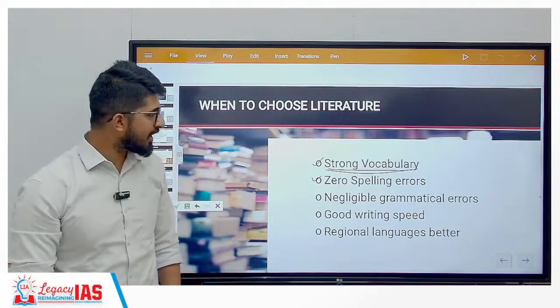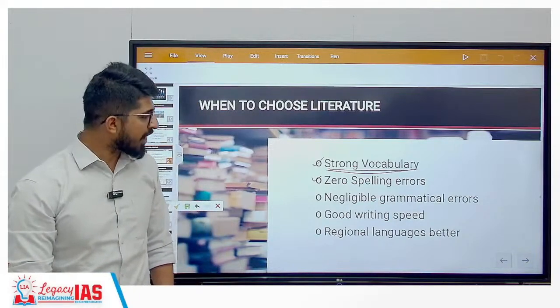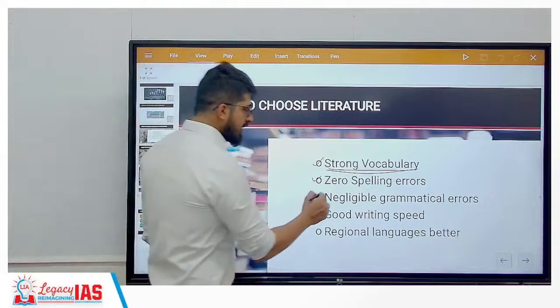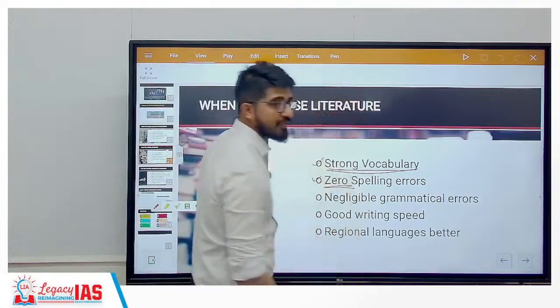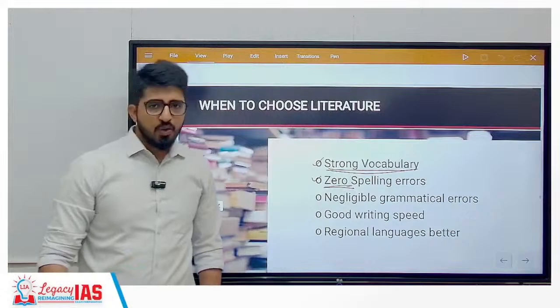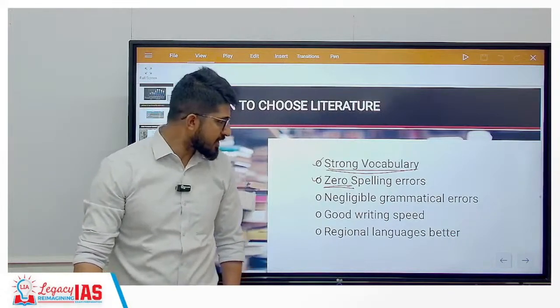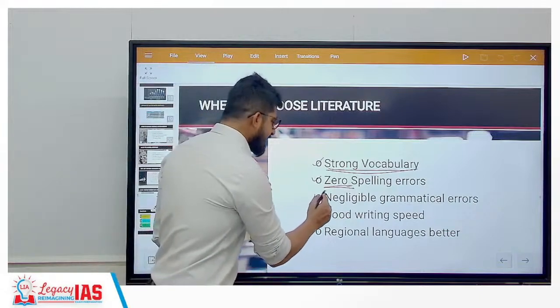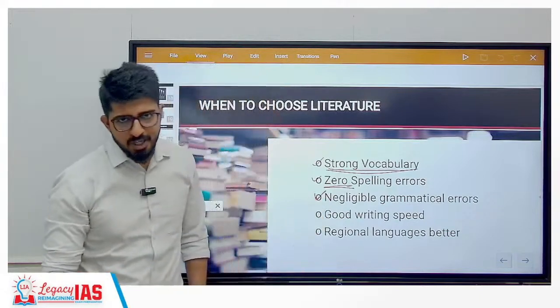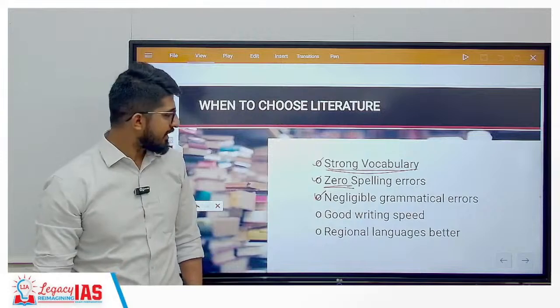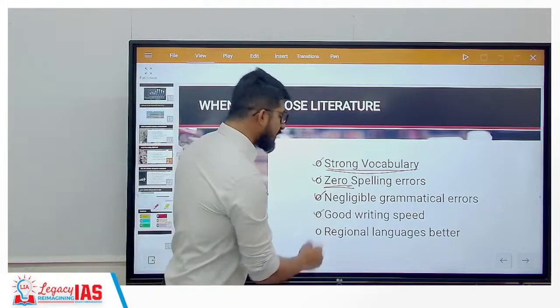They are going to be complicated. So your vocabulary has to be strong. Zero spelling errors, almost near zero, I would say. Grammatical errors should be negligible, almost zero. Good writing speed, which is equivalent to that of English.